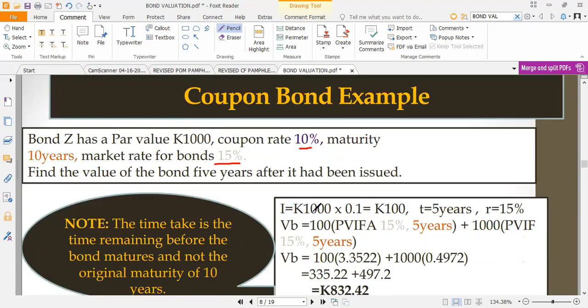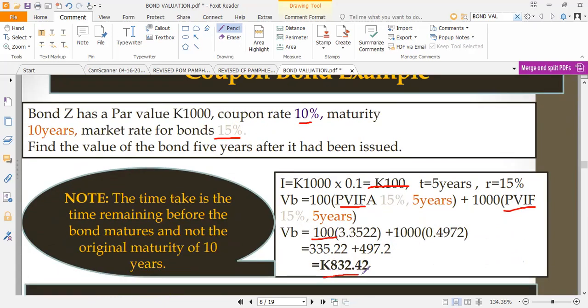So our coupon rate, the 10%, is only meant to produce what is called a coupon value, which is the 100. The 15% is meant to calculate the interest factors, the annuity and the interest factor. I've taught you how to read from the tables there. When you calculate there, we call this our value of the bond.